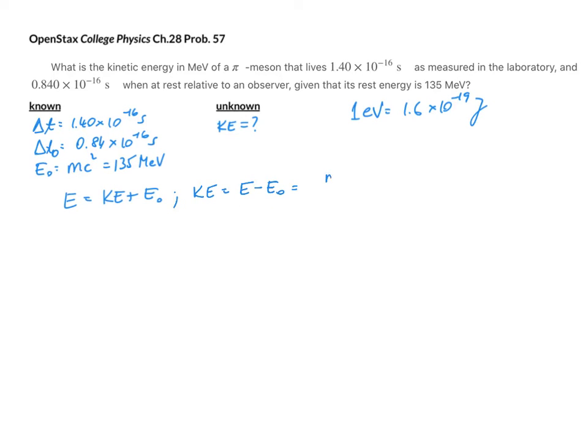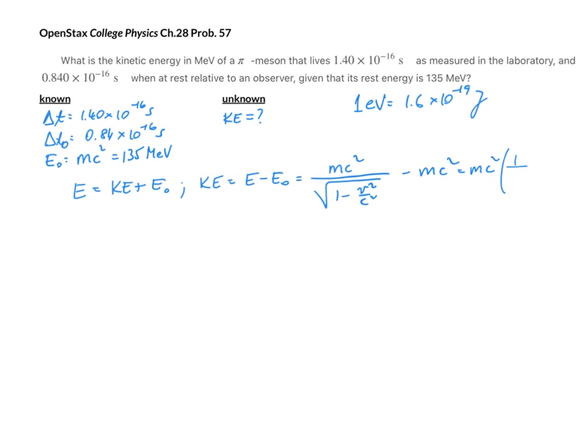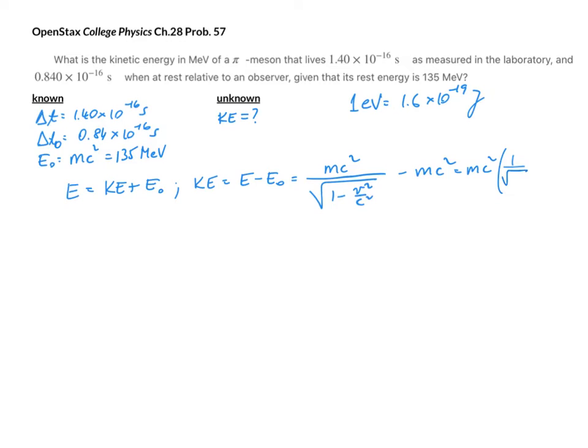Total energy is mc squared divided by the square root of 1 minus v squared over c squared. And rest energy is just mc squared, which means that kinetic energy is mc squared times the quantity 1 over the square root of 1 minus v squared over c squared, minus 1.